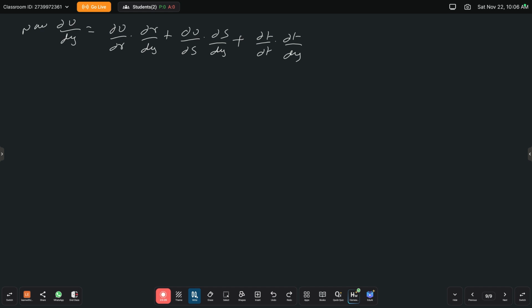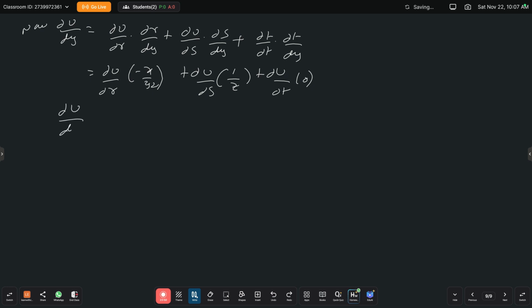So you know the values of dou r by dou y, dou s by dou y, dou t by dou y. Okay, dou u by dou r into minus x by y square plus dou u by dou s into 1 by z plus dou u by dou t into 0. So the result is dou u by dou y equals minus x by y square dou u by dou r plus, the third one is 0, 1 by z into dou u by dou s.